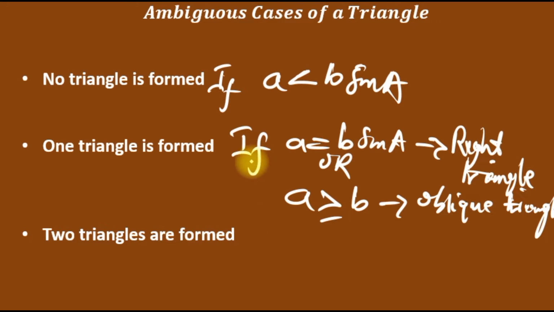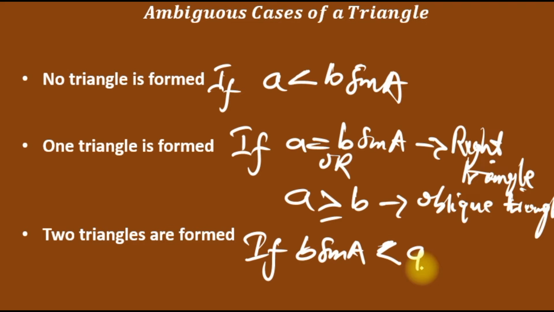So the final condition: two triangles are formed if b sine A is less than a and a is less than b.